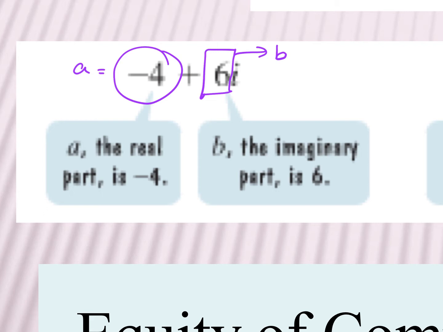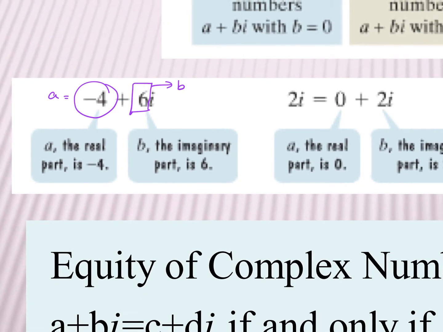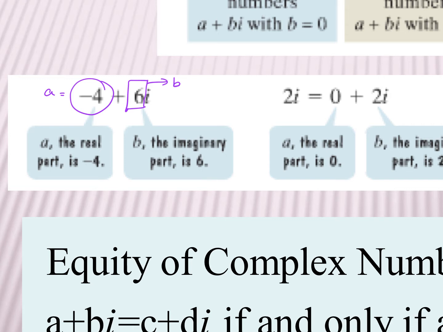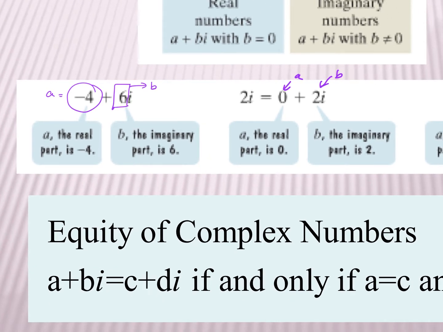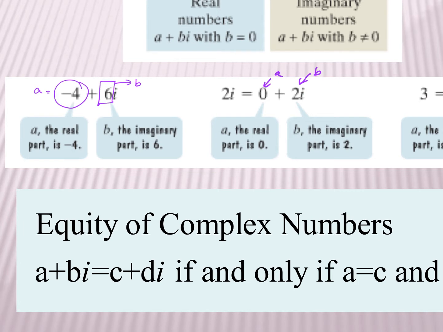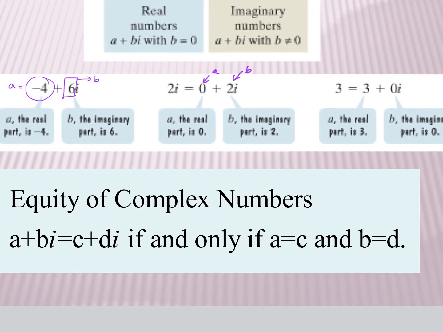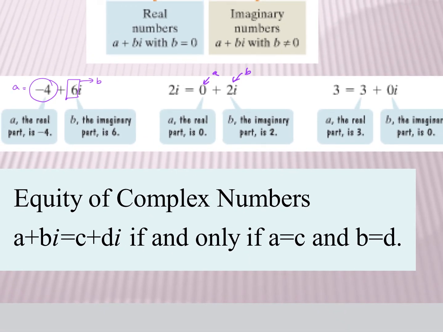Again, just the number, not the i included, is the b. Go to the second one. There is no real part, so my a would be 0, and my b would be 2. It's just so you can identify the parts. And then if I just had 3 by itself, 3 is the real part. There is no i, which means b would be 0.